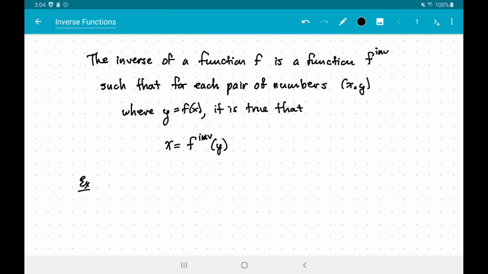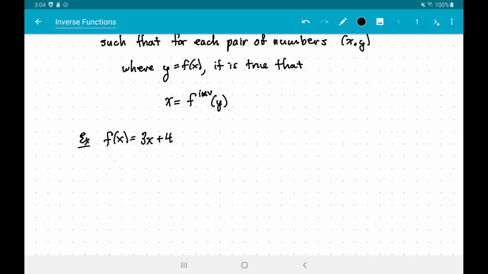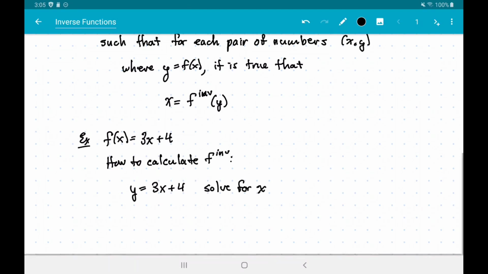So if I go back to my example, f of x equals 3x plus 4, how to calculate the inverse function? Okay, I'm going to set y equal to 3x plus 4 and now solve for x.